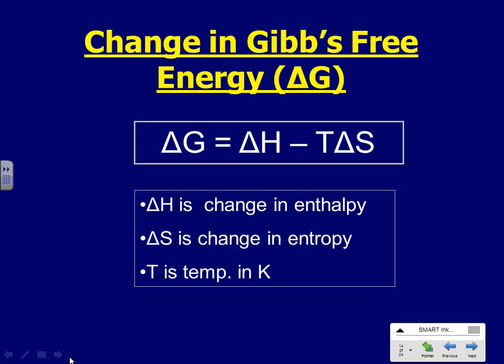Okay, excellent. So notice, we've got our delta H, and then we put a negative in front of the term that has the delta S. Remember, a positive delta S is spontaneous. The universe likes that.